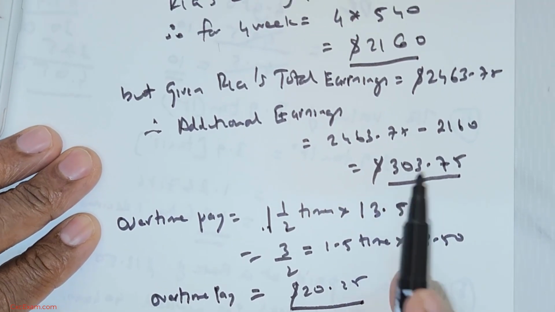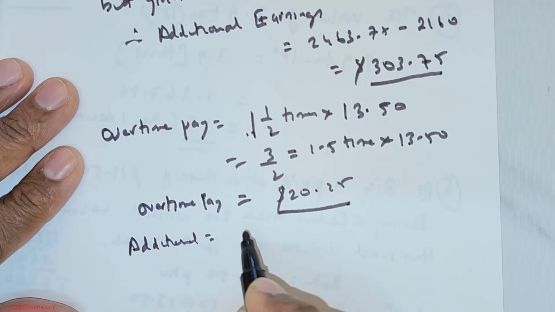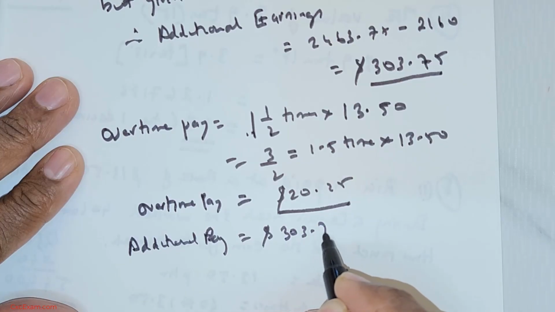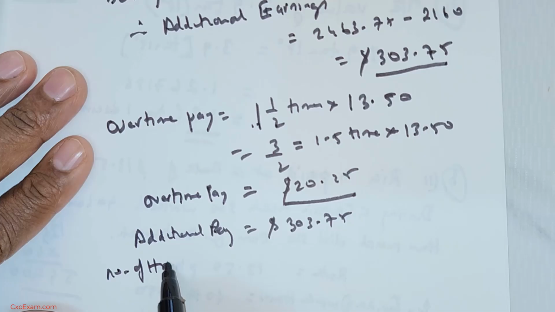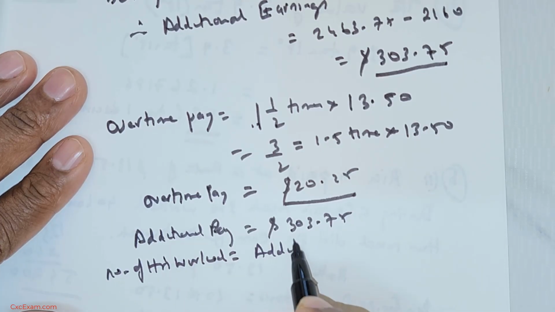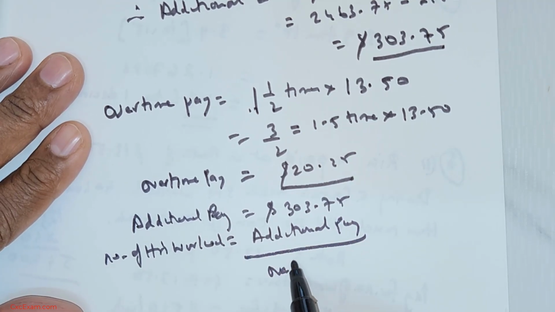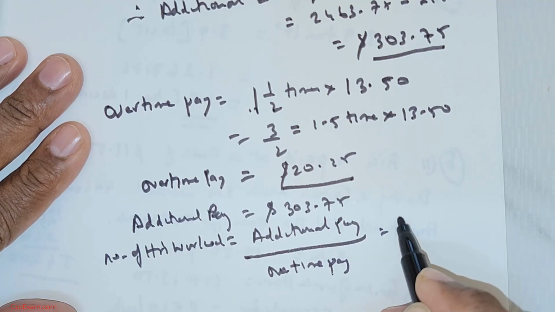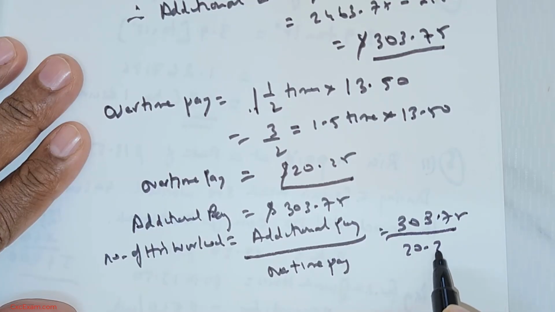Now this is the additional pay, right? Additional pay is $303.75. So number of hours worked will be additional pay divided by overtime pay. So additional pay is 303.75 divided by 20.25.